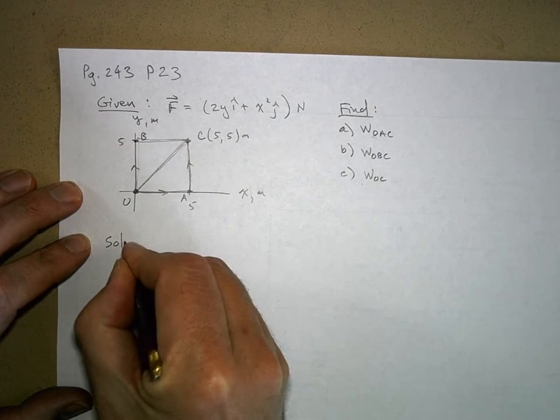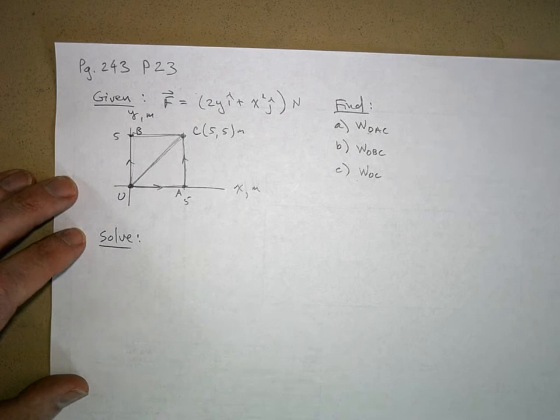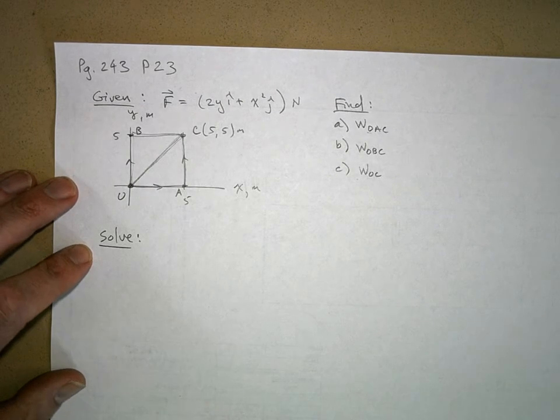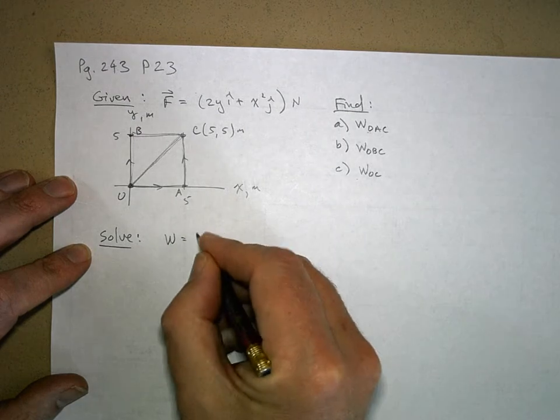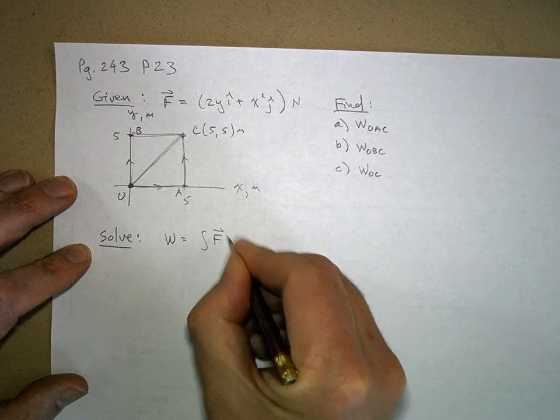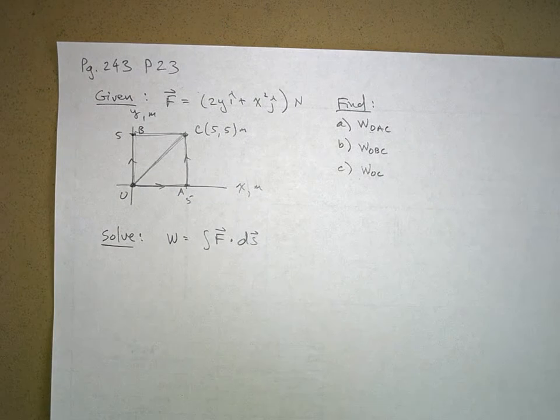Well, let's solve this. Well, work is equal to the integral of F dot ds. s is a little tiny path length. Sometimes we use dr, sometimes we use ds, whatever you prefer.